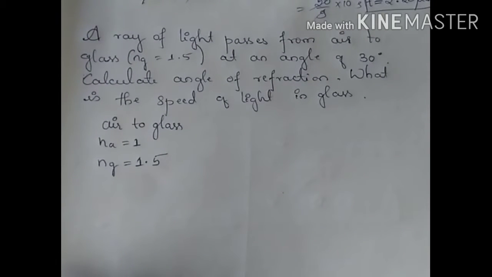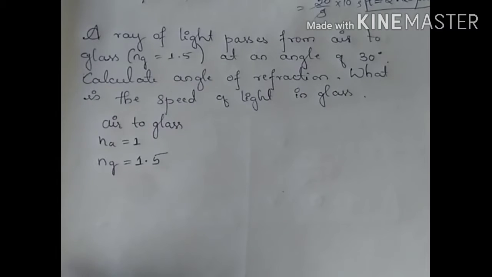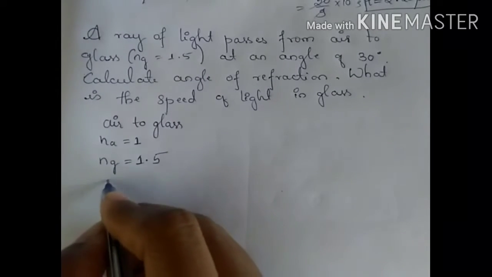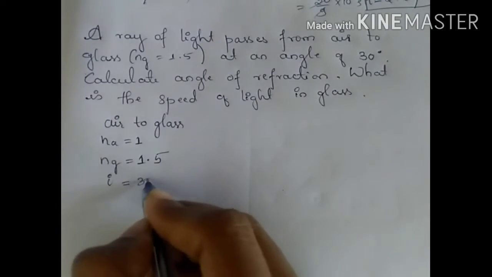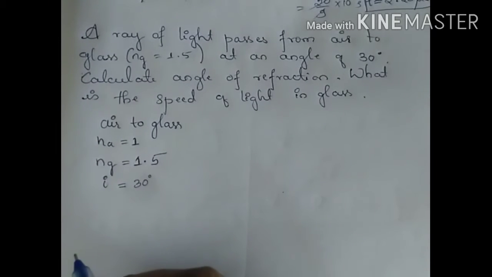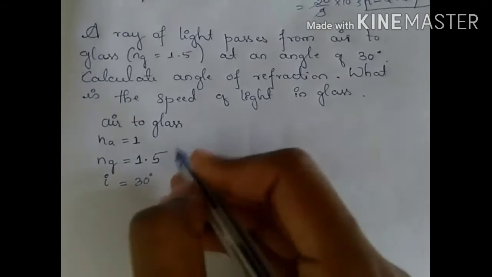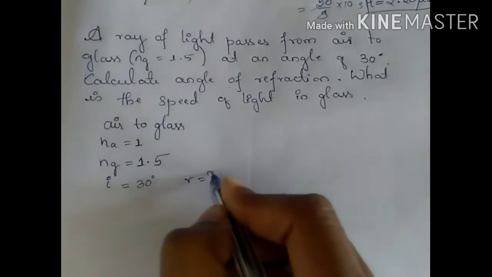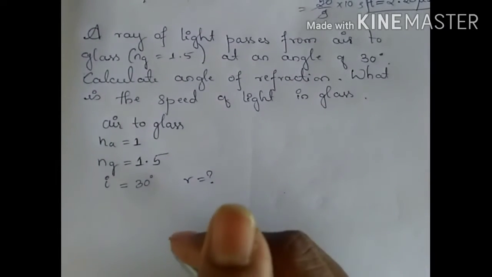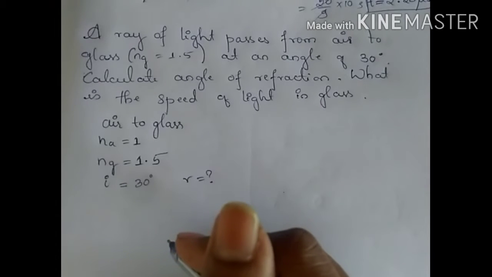Now the angle of incidence is 30 degrees to the normal drawn at the interface. So what he is asking: calculate the angle of refraction. So r we don't know, and what is the speed of light in glass.